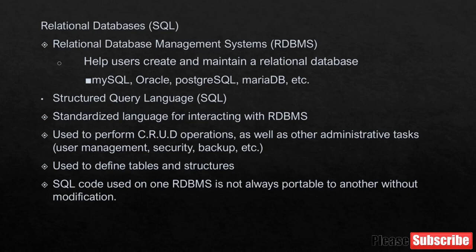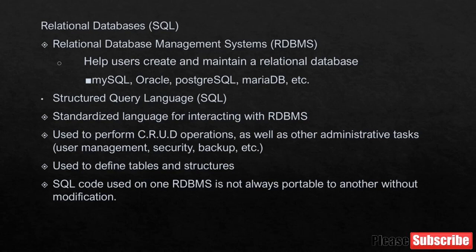Let's look at what a relational database is more briefly. First, the Relational Database Management System, also known as RDBMS, helps users create and maintain a relational database. In this, you will find MySQL, Oracle, PostgreSQL, and MariaDB, which I showed you in the previous PHP course. MariaDB and MySQL are also connected to PHP, so here we are going to work through those directly.